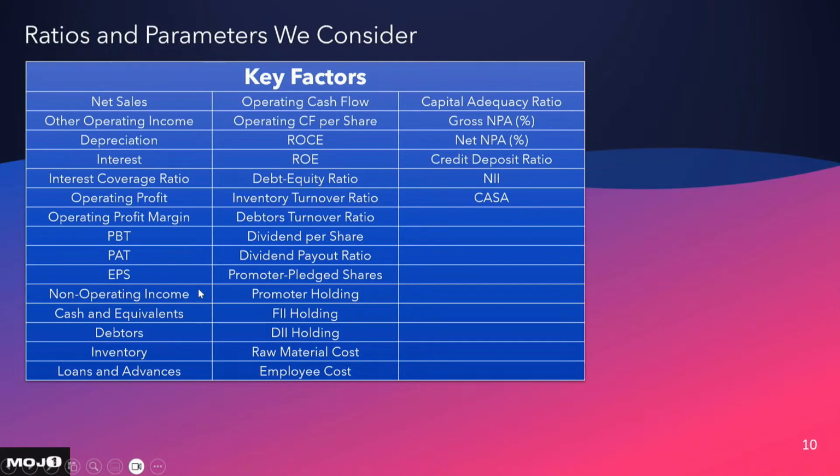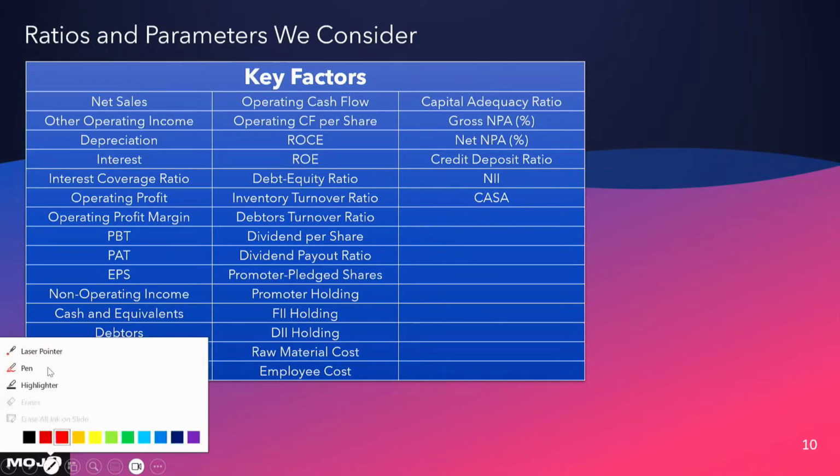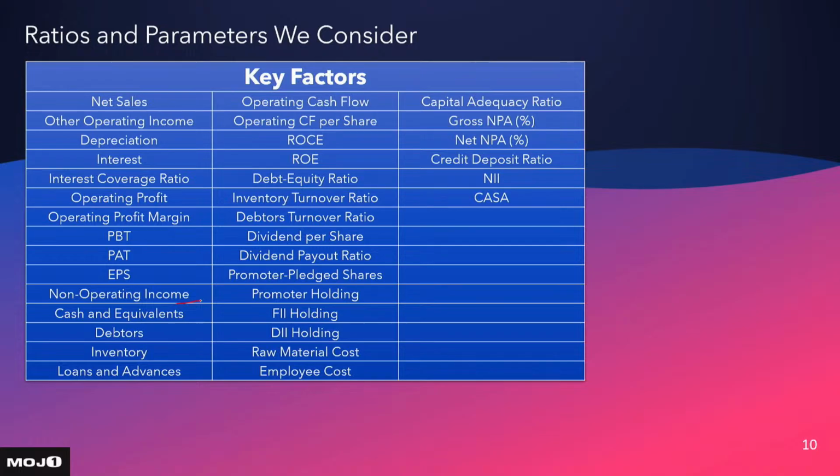Understand that this is revenue coming from something the company is not actually catering to. It's not the company's domain, but some revenue comes from other types of activities. Cash and equivalents, debtors, inventory, loans and advances we look at.